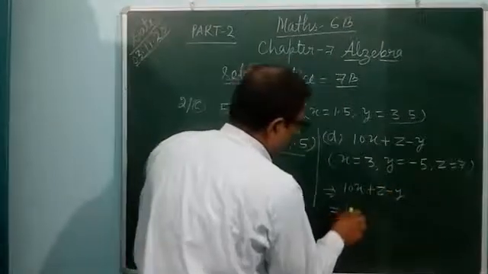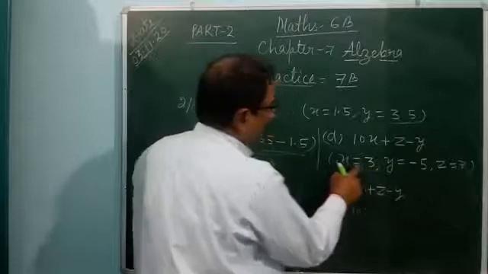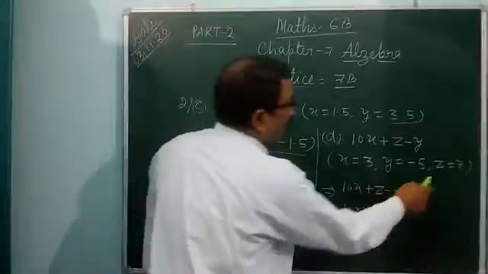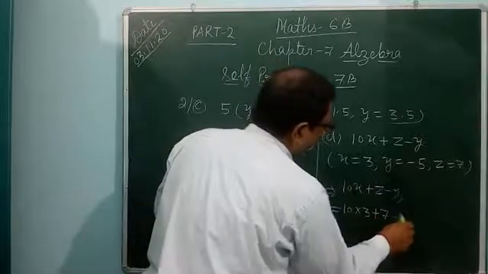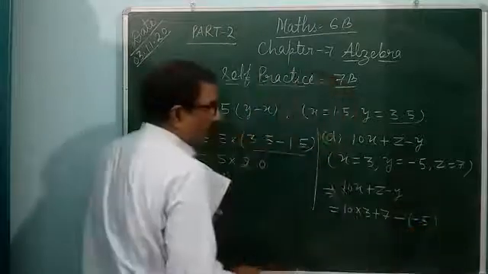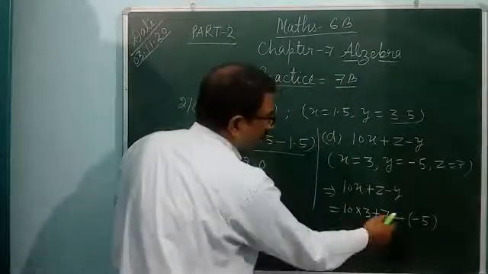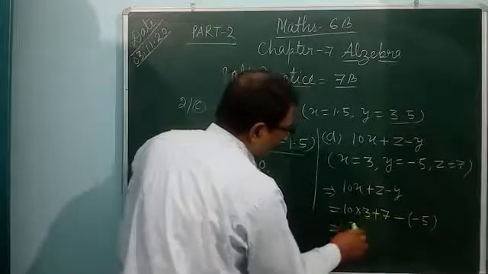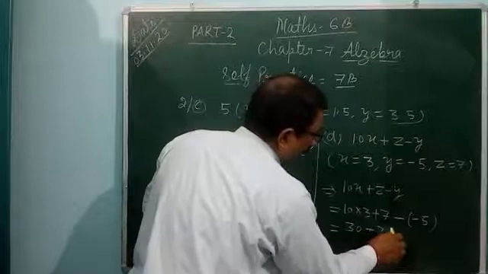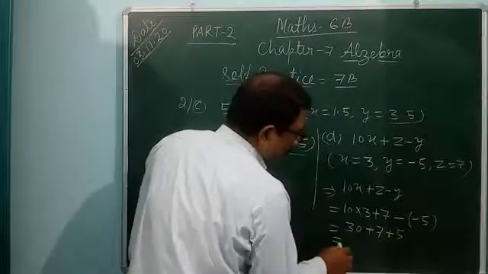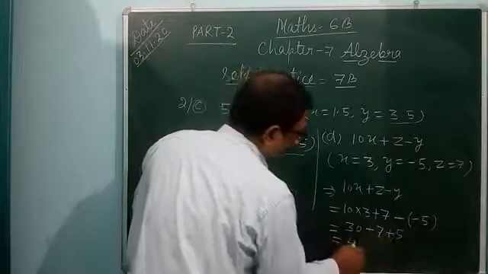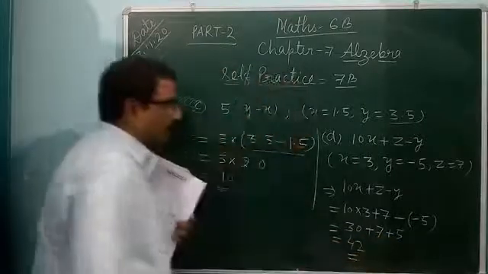You see, 10 multiplied by x, the value of x given is 3, plus z, the value of z given is 7, minus y, y means minus 5. So we put minus 5 in a bracket. 10 times 3 is 30, plus 7, and minus times minus will be plus 5. So 30 plus 7 plus 5: 37 and 5 is 42. 42 is the answer.